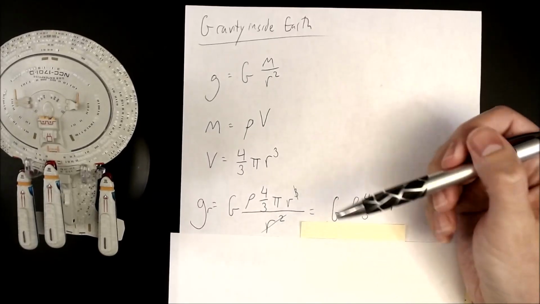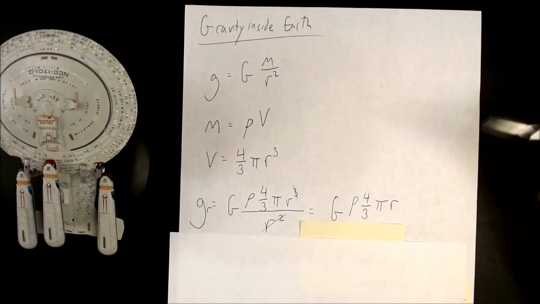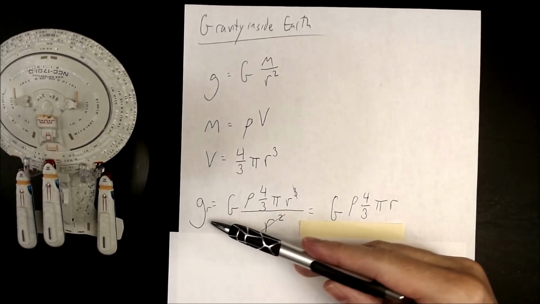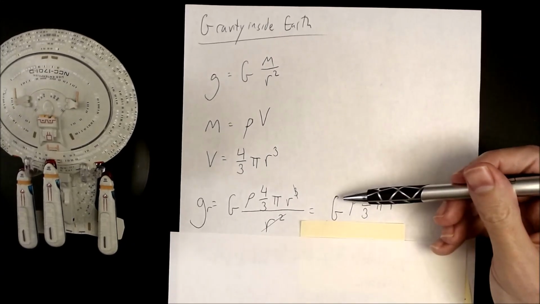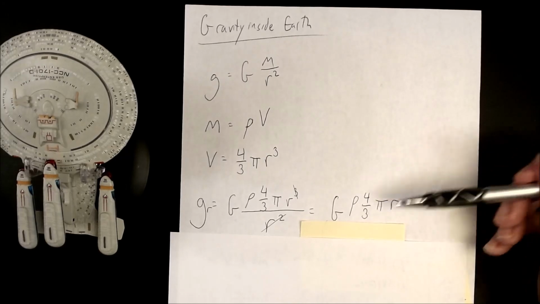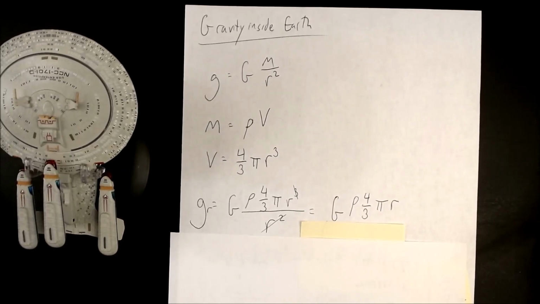Well, you get rid of the r squared and two of the r's in the r cubed, so you just have an r remaining, and you get that the acceleration due to gravity at some random radius inside the Earth is equal to G times rho times 4/3 times pi times the distance that you are to the center of the Earth. Okay, there's a whole lot of stuff there.